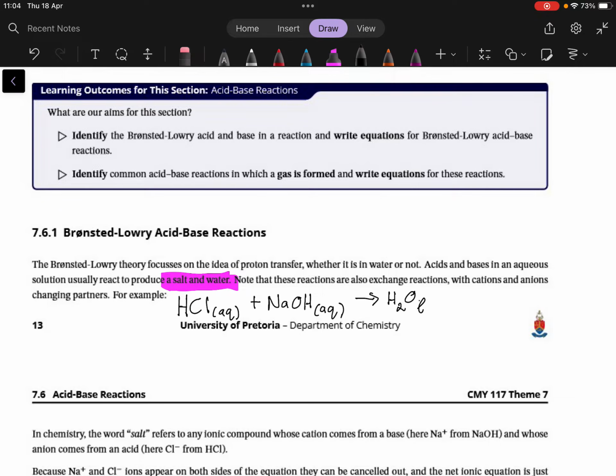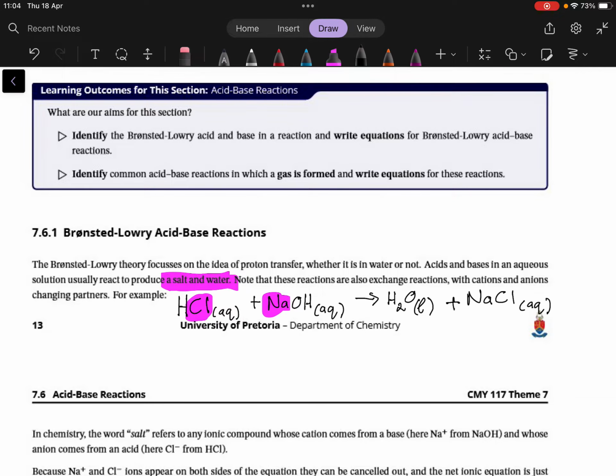And of course, the salt is the combination of the sodium and the chlorine that swap partners. In other words, the salt is sodium chloride in solution.